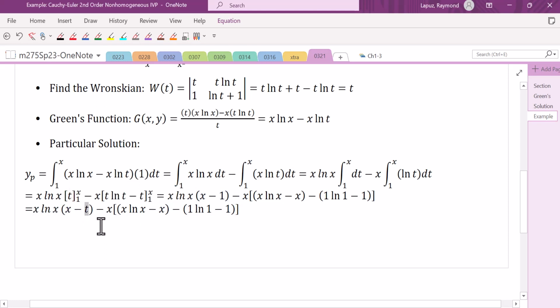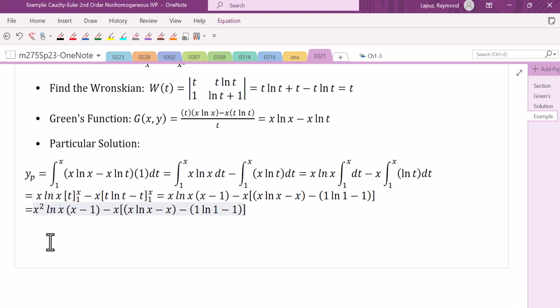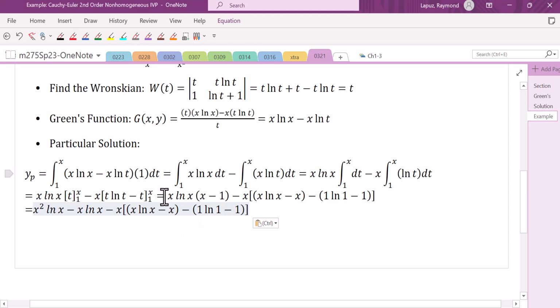Oops, this is 1 again. Sorry. Let's distribute the x, so this will become x squared minus x, and then minus 1 times x ln x. So that's the first part here distributed out.